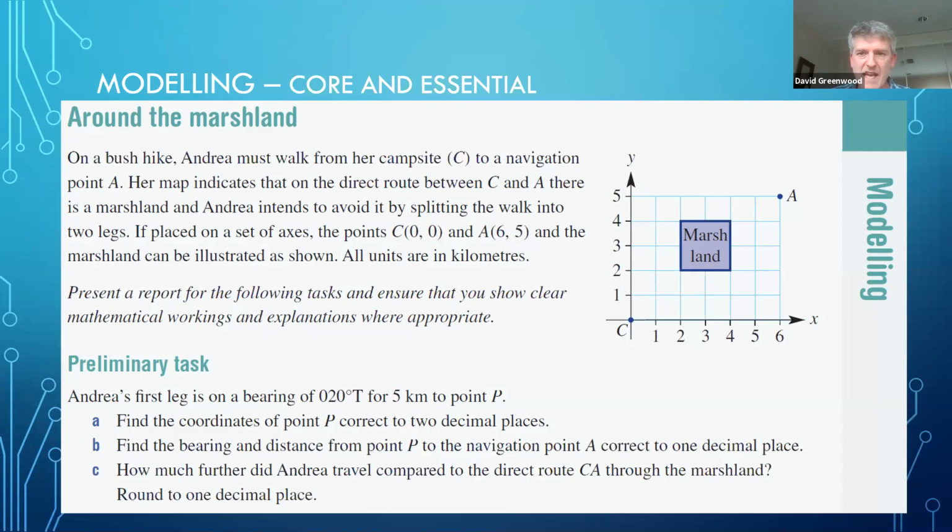In this example, we have a person who must walk from point C to point A, but there's a marshland in the middle. This relates to trigonometry, and they have to come up with a path to avoid the marshland, exploring bearings and side lengths of right angle triangles and so on. And they have some choice about how they might do this.